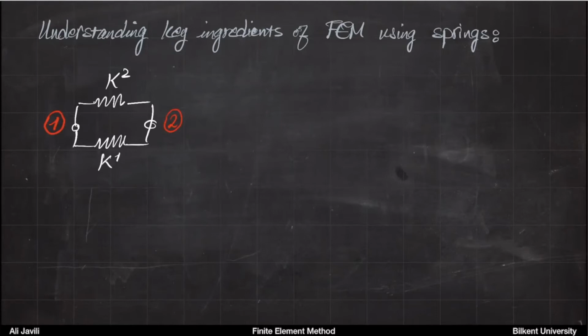Now, similar to what we have done before, the force at node 1, we call it F1, and the force at node 2, we call it F2. Now, how about the displacements? The displacement at node 1, we call it U1. The displacement at node 2, we call it U2.